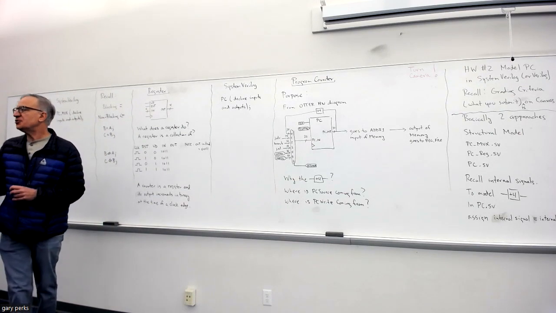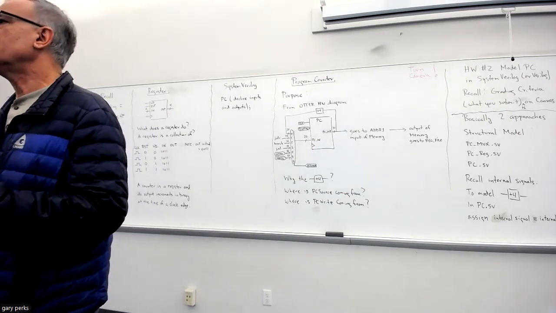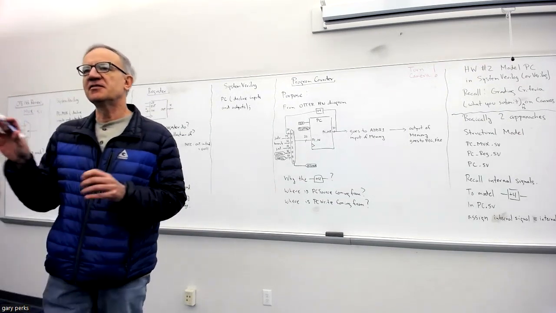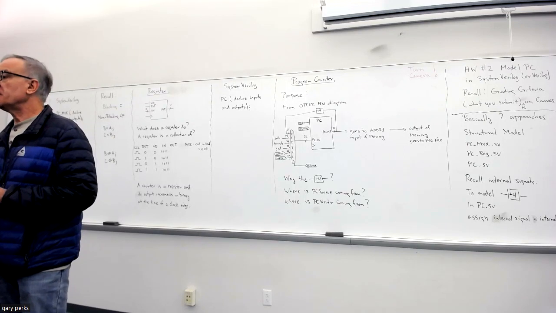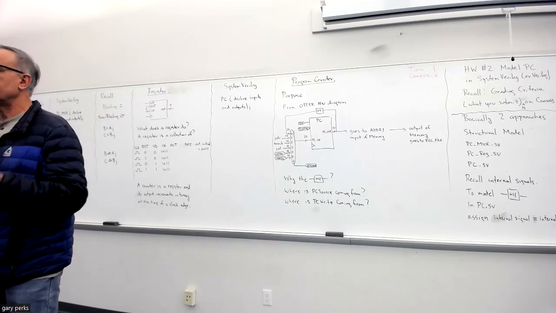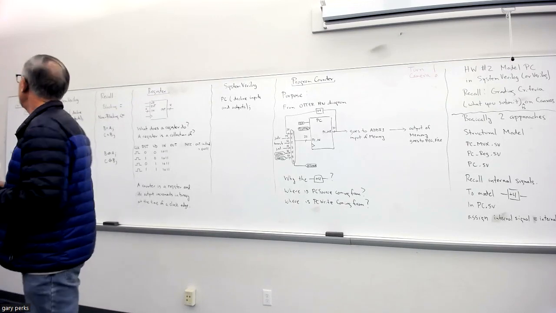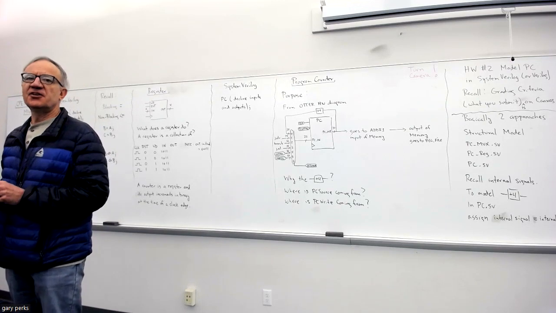But you can also have a 2-to-1. The people in my 133 class had a 2-to-1 MUX in a couple of the designs. So you can have 2-to-1, 4-to-1, 8-to-1, and so on.